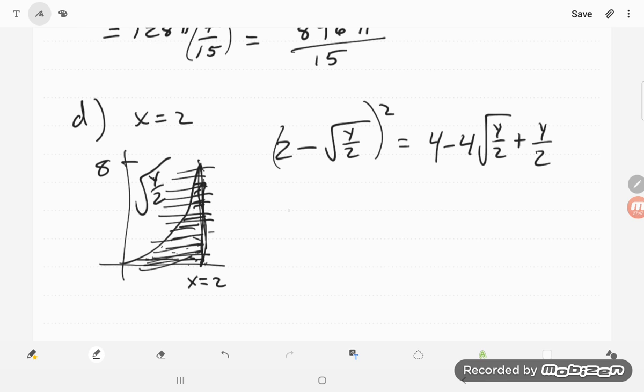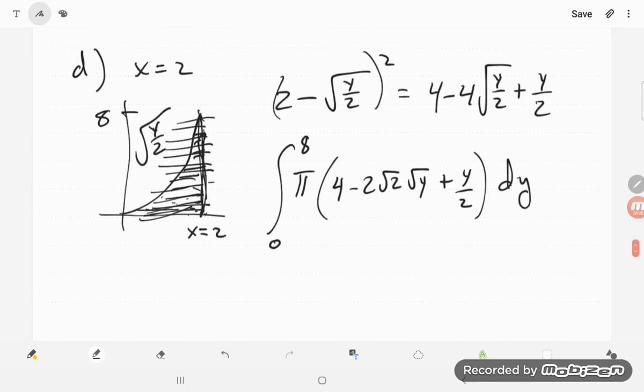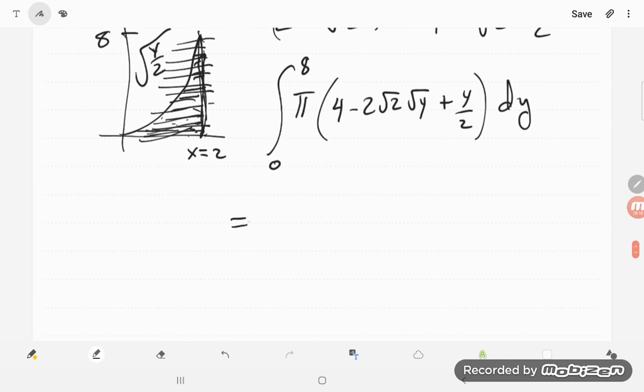And so we are doing an integral from 0 to 8 of pi r squared. So we end up with this 4 minus 2 square root of 2 times square root of y plus y over 2 dy. And so we can do that integral.